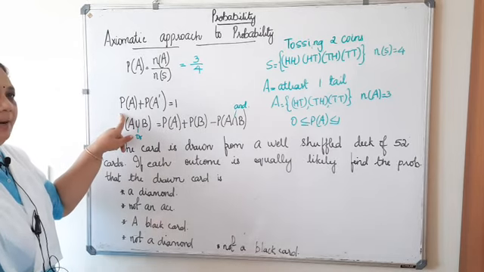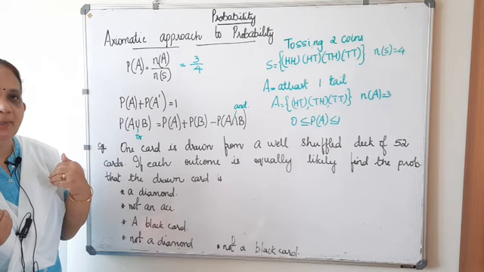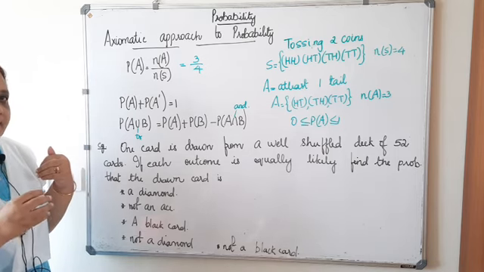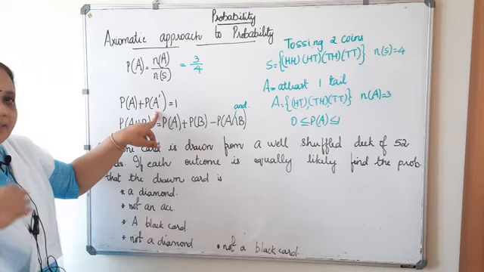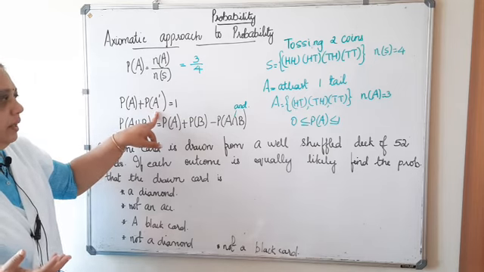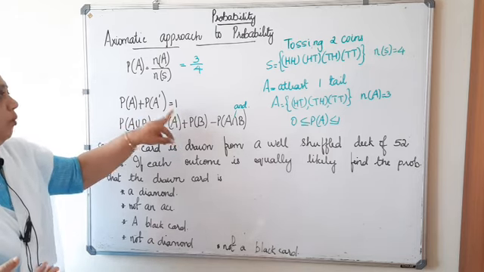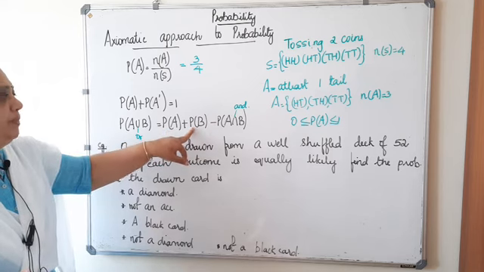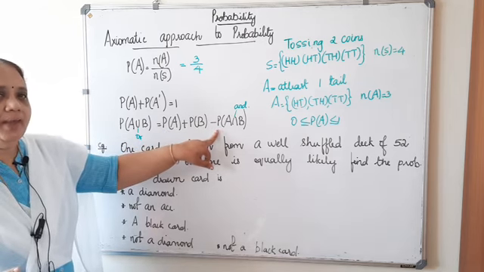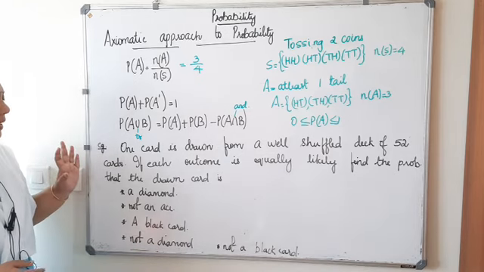When you perform a random experiment, you get a sample space, and in that sample space you define an event A. P of A complement is the probability that the event does not occur, and P of A plus P of A complement is equal to 1. P of A union B is equal to P of A plus P of B minus P of A intersection B.